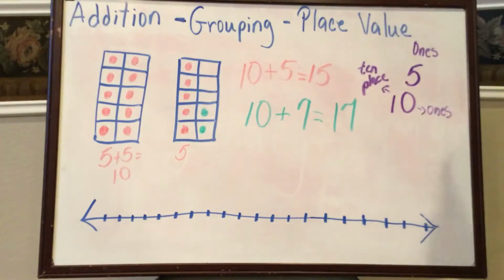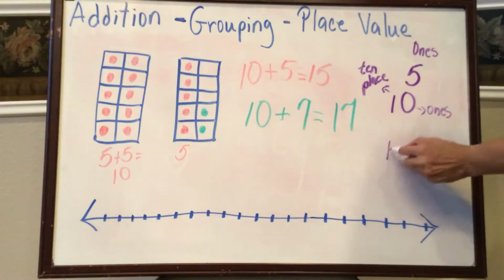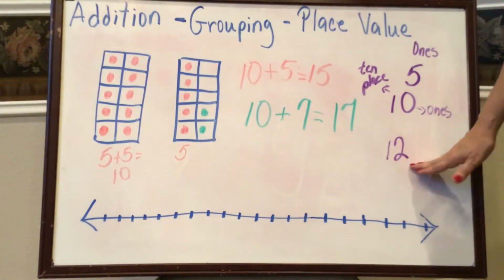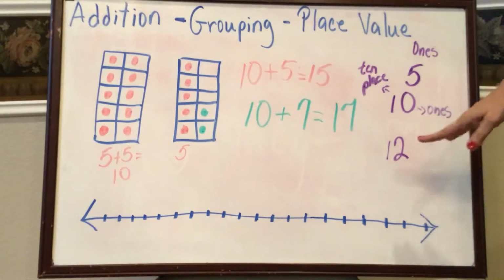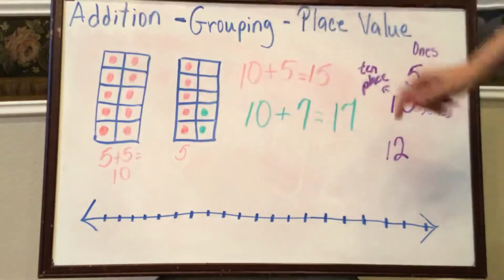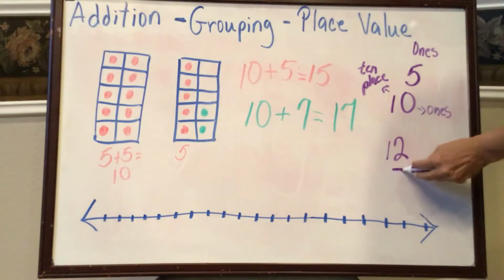So each number has a value. So if I write the number here, let's see. Let's put here 12. So 12, okay, they have one group of tens and 2 more, okay? So number 2, in which place value is number 2?